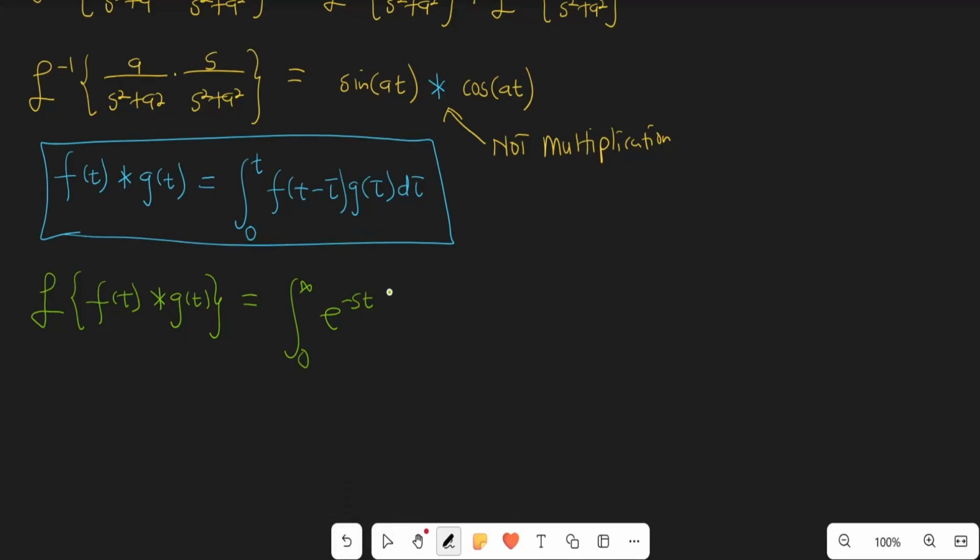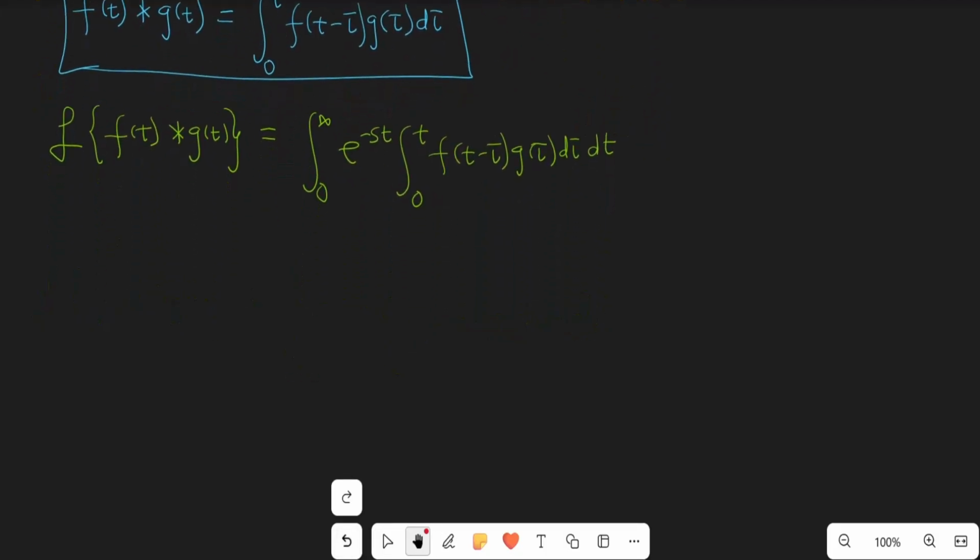So I'm simply going to write the definition here: the integral from 0 to t of f of t minus tau multiplied by g of tau d tau. This is what we are transforming. But don't forget that if you are writing the definition of the Laplace transform, you have to bring the dt. This dt is with respect to the first integral. So this is what we have after the definition of the Laplace transform of the convolution.